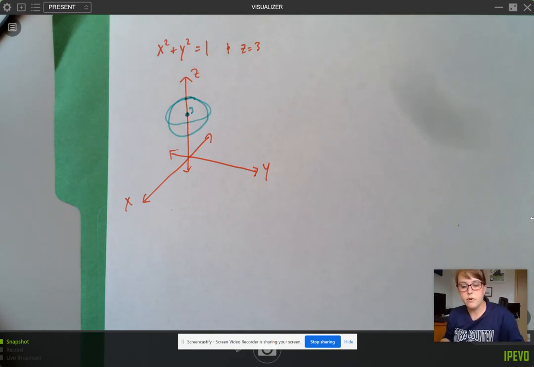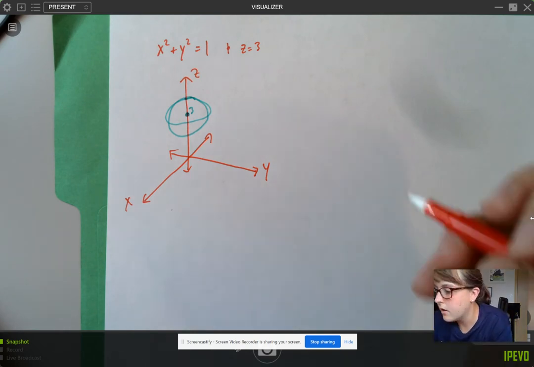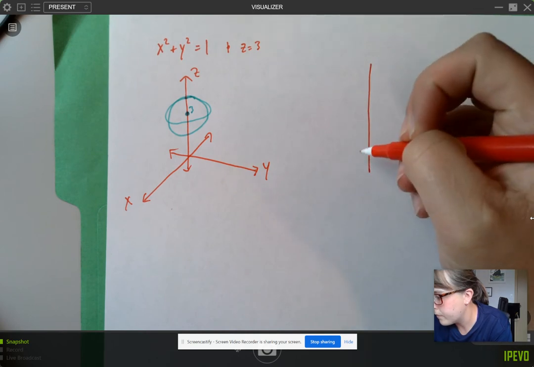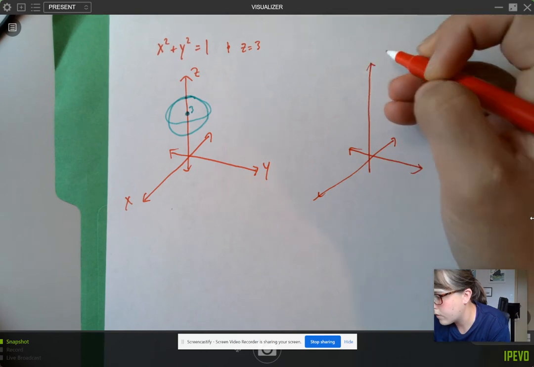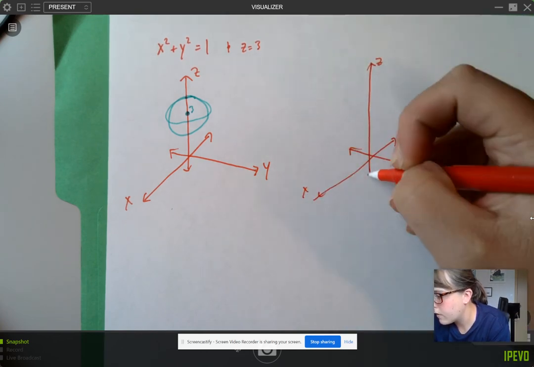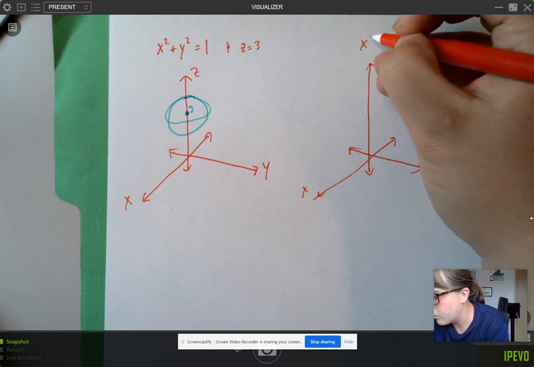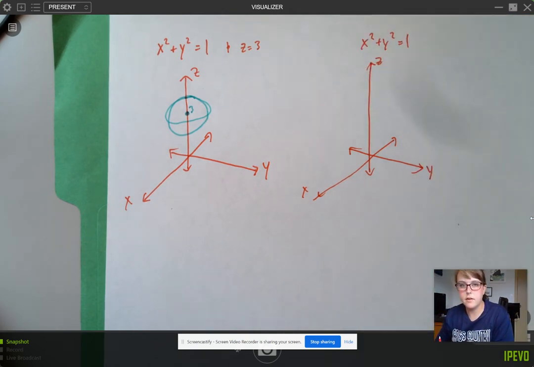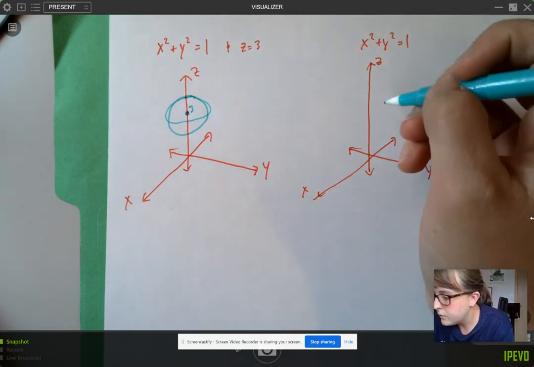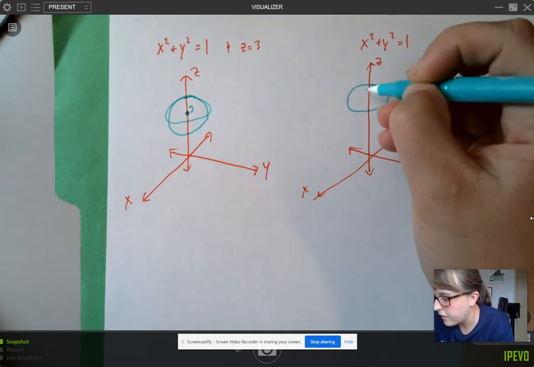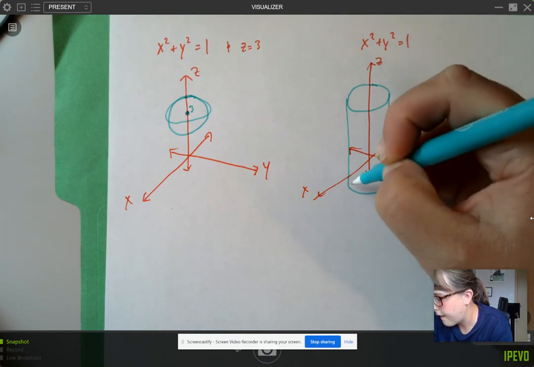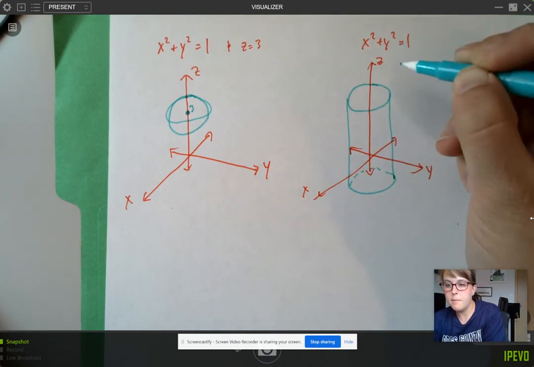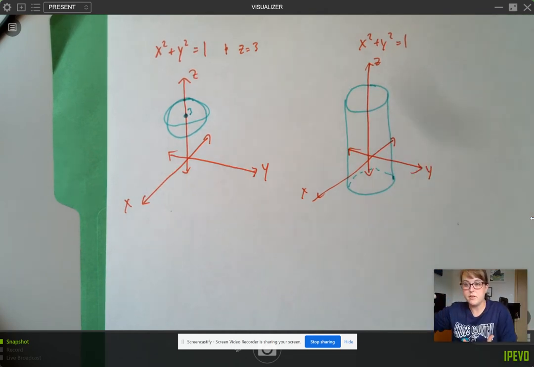But what if we didn't specify z? If we just had x squared plus y squared equals 1, without specifying z, you end up with kind of an infinite cylinder. That stretches on forever up and forever down as well, because we didn't specify what z is.